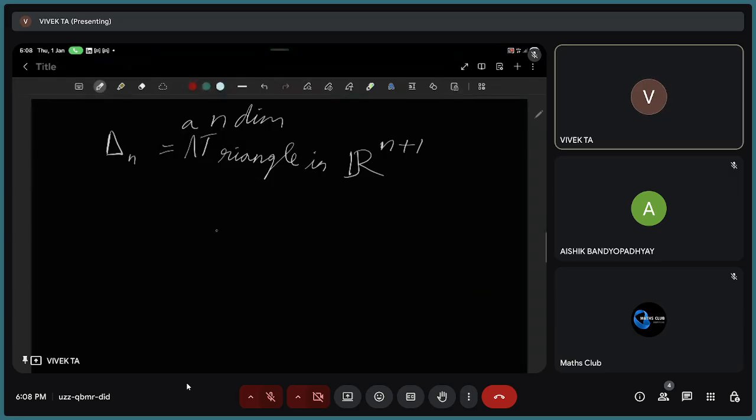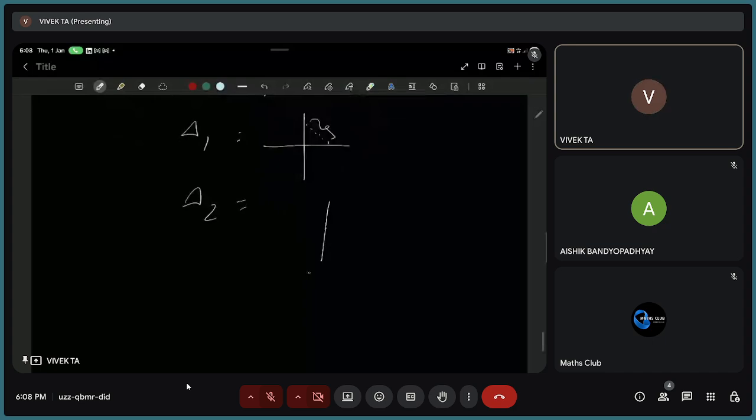How exactly? If you consider delta 1, it is a triangle in R2 that looks like this. If you consider delta 2, I will define it in R3, like this.